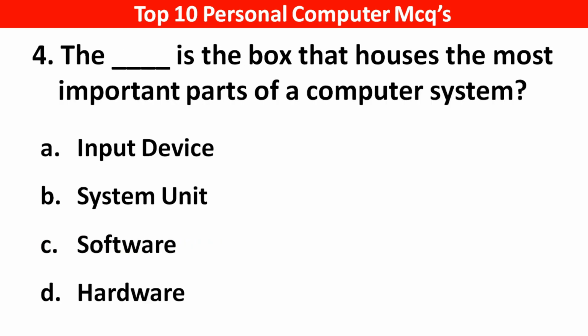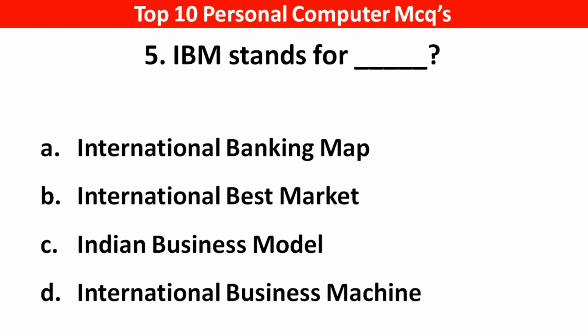The dash dash is the box that hosts the most important part of a computer system. Options A, input device. B, system unit. C, software. D, hardware. Right answer is option B, system unit.